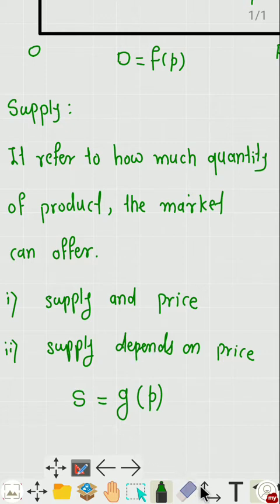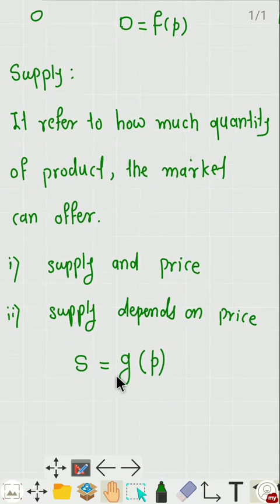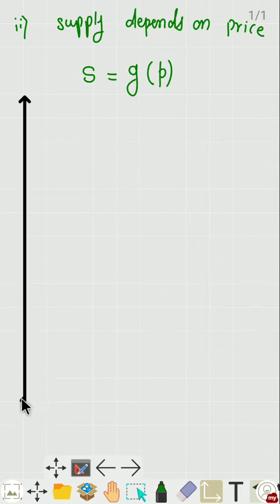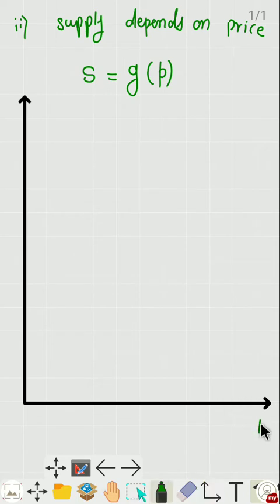So let us draw the graph of the supply function as it depends on the price. Suppose this is the price axis and this is the supply axis, and the graph is like this.